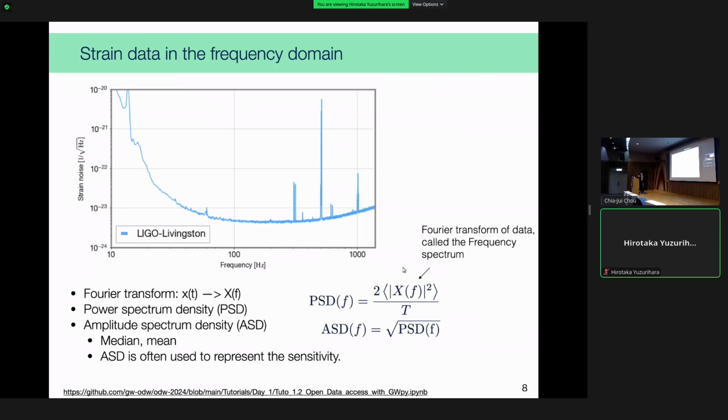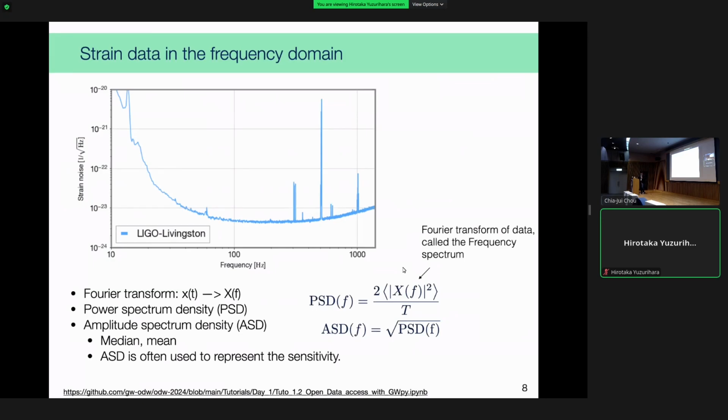If there's non-stationary noise in the data, that affects taking the average, and the result will be biased. To reduce the effect of bias, we often use the median. In the case of GWpy, it is the default, so now you don't need to care.